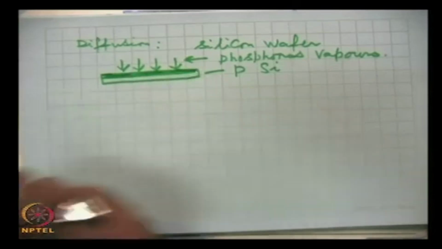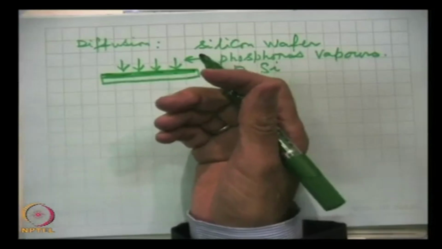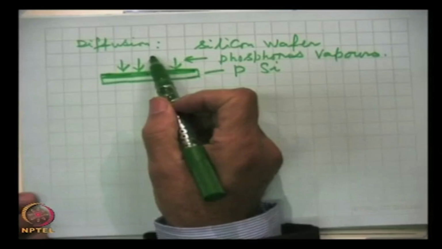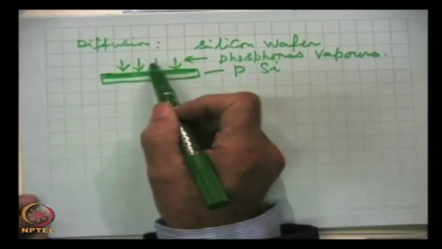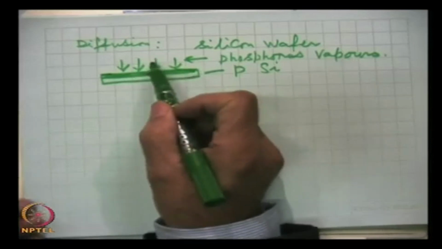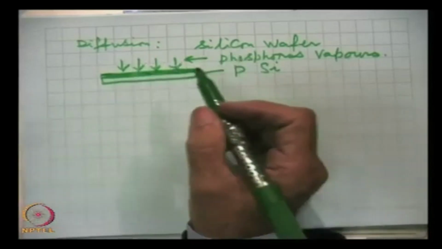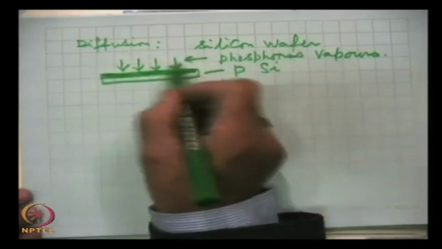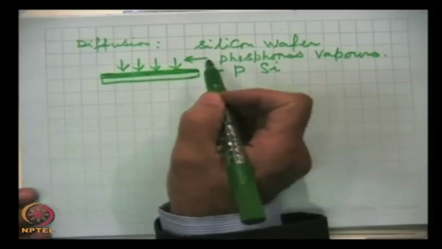Then it is reversed and we can change, because if this is the emitter, then here the doping density requirement is high. So, this will have a much higher density of phosphorus, and when we reverse it, then we can choose the concentration of the phosphorus in the vapor pressure, and there are several controlling parameters.